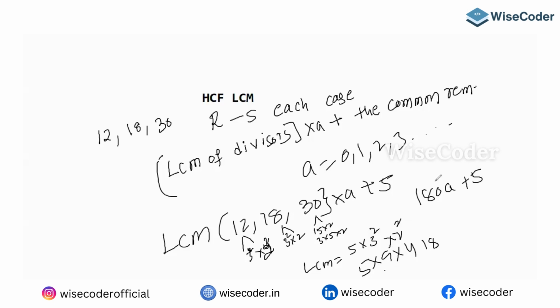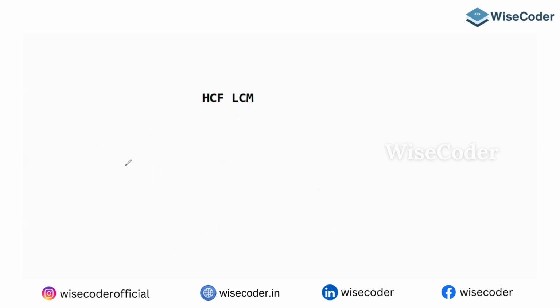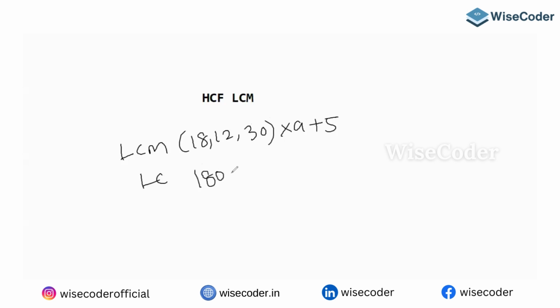If you want the series of numbers, if I substitute a equals 0, the smallest number is 5.